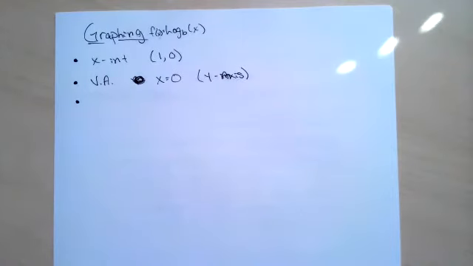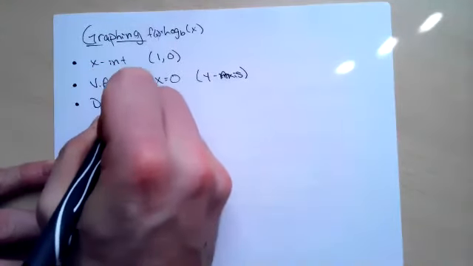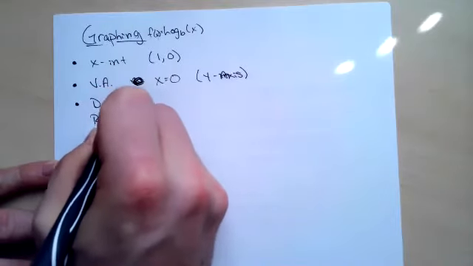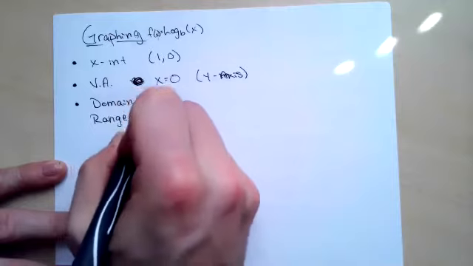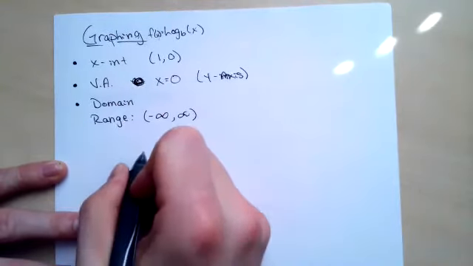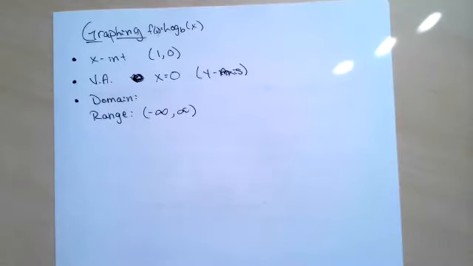The domain and range are going to flip. Our domain for exponentials was minus infinity to infinity. That will now be the range of a logarithm, but the domain will be the range of an exponential.